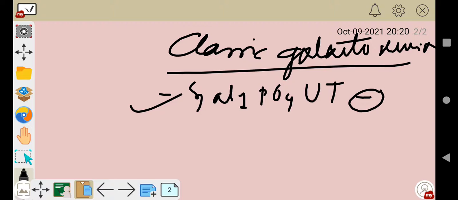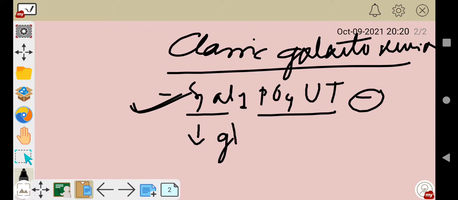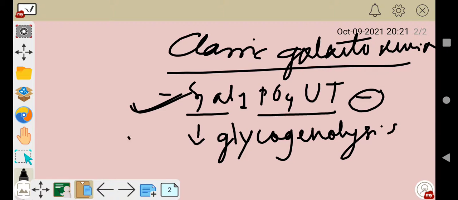In short, we tell this as GALPUT, but often the full form is given. In this deficiency, there occurs a decrease in glycogenolysis, and also there is fasting hypoglycemia, as I have discussed.